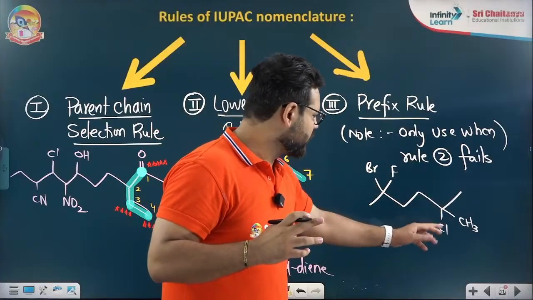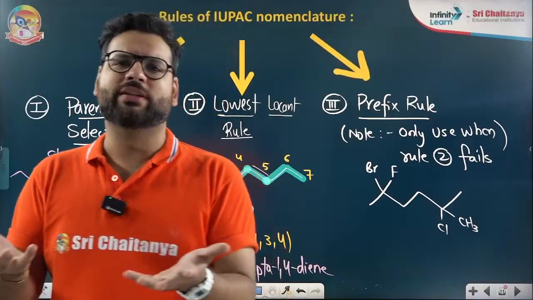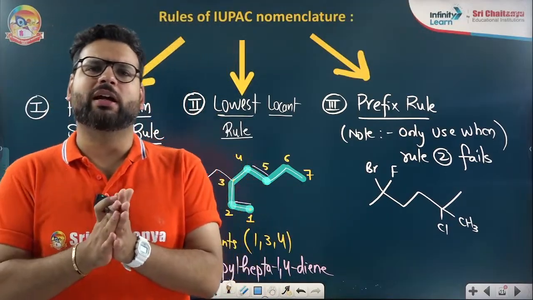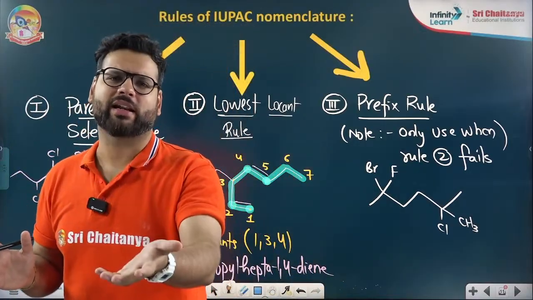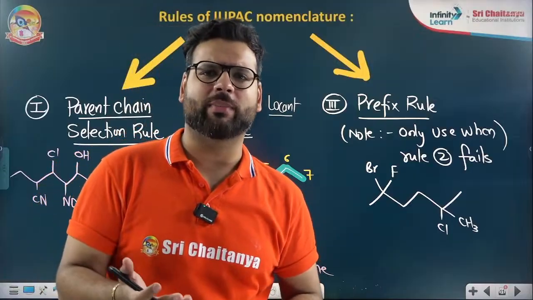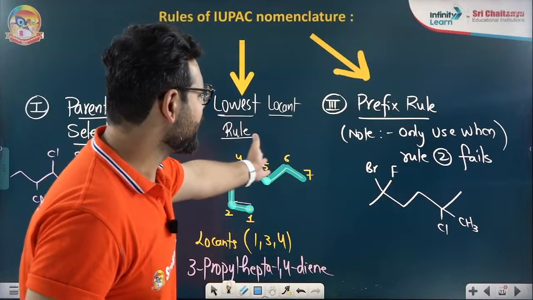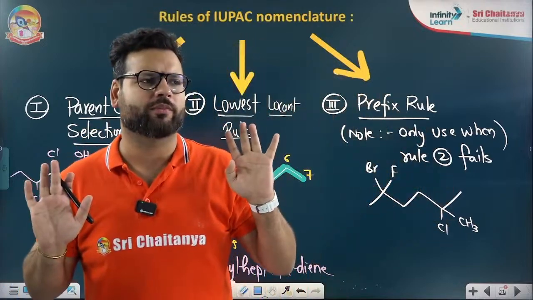Bromo, chloro, fluoro, none of them is a main functional group. They don't have a surname. I'll show you the functional group table tomorrow. There are a total of 13 functional groups that can get a surname. Not everybody can have a surname. Halogens do not have a surname. Nitro does not have a surname. So they are not important for us.